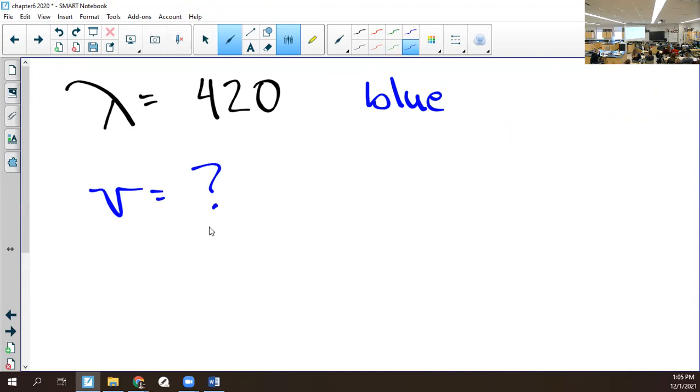What? So how are they related? c equals lambda ν. So ν is equal to c over lambda.